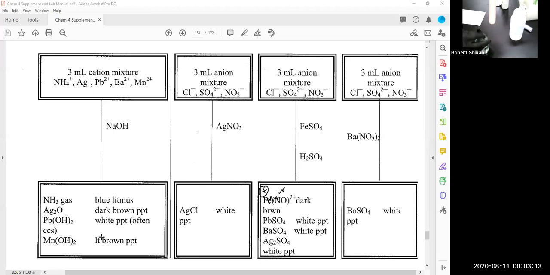That precipitate could be lead 2 sulfate, or it could be barium sulfate, or it could be both. And maybe there's a light brown or dark brown. Dark brown, I don't think there's dark brown in there, but it could be. This could be very dilute.